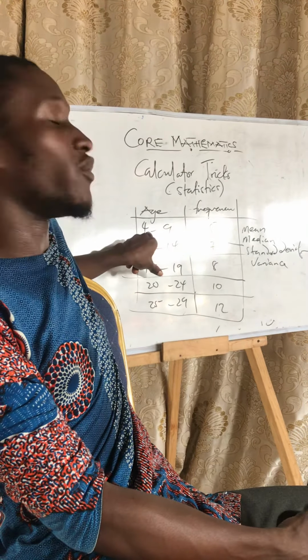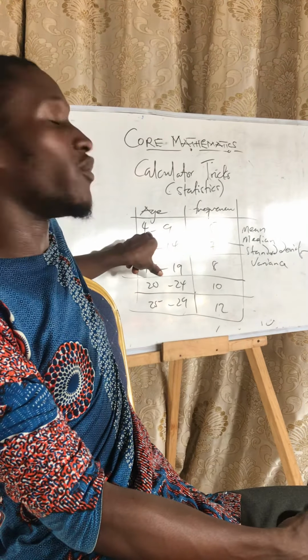So when I subtract 0.5 from this, I'll get 4.5. When I add 0.5 to this, I'll get 9.5. Similarly, when I subtract 0.5 from this, I'll get 9.5. When I add to this, I'll get 14.5. So you realize that the end here becomes the beginning here, the end here becomes the beginning here, the end here becomes the beginning here. So we are going to do that. And so in solving for the mean, the median, the variance, everything, we use the class boundary instead of the limit. Going forward, we'll tell you the reason why we use the boundary instead of the limit.